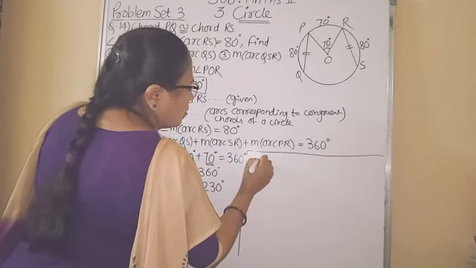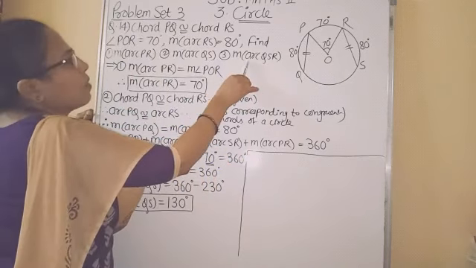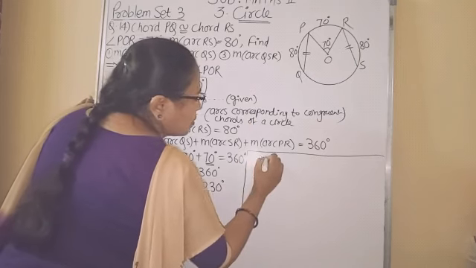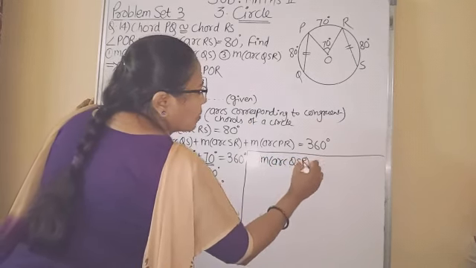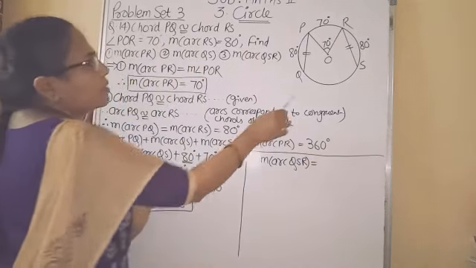Third one. We want to find the measure of arc QSR. So, observe the figure.